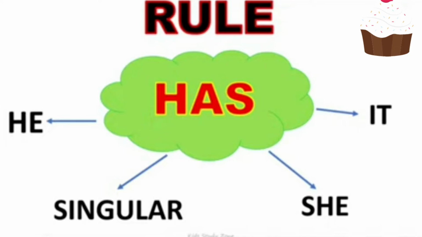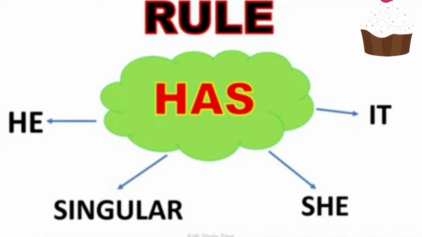When we are talking about one boy, we use he. When we are talking about one girl, we write she. When we are talking about animals or non-living things, in both cases we use it.